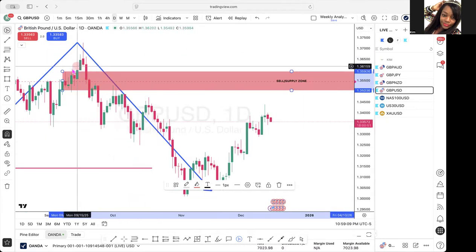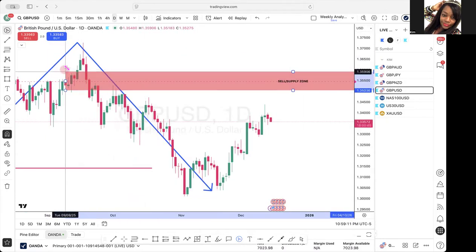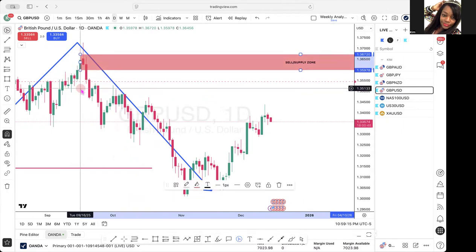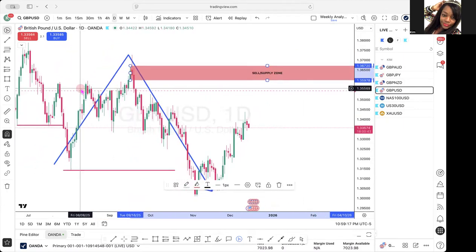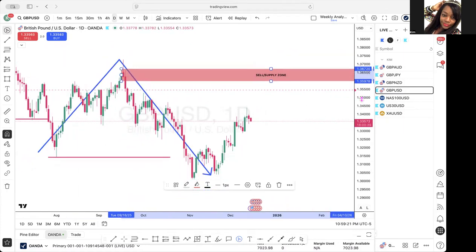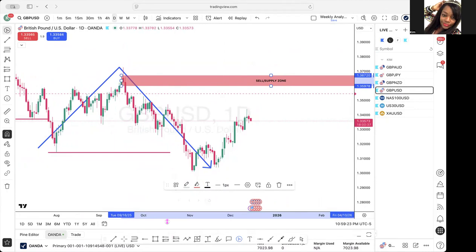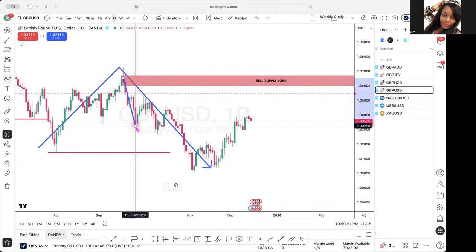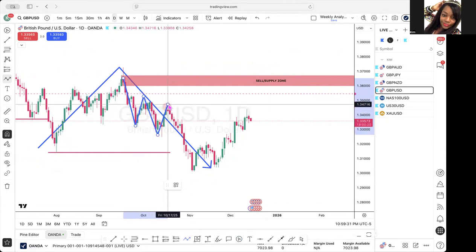So let's look at the daily. Daily zone. All right, so let's look at the daily structure going down. We have here, here, here, here, and here.